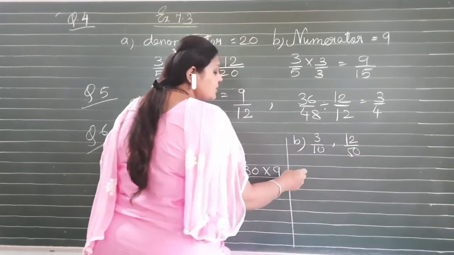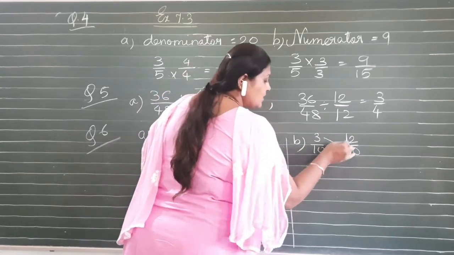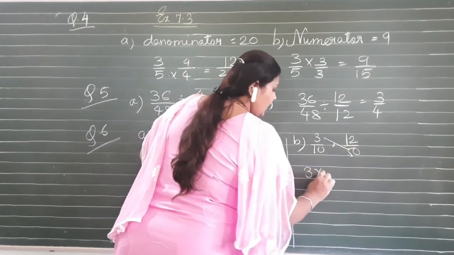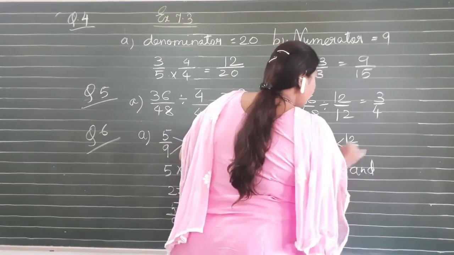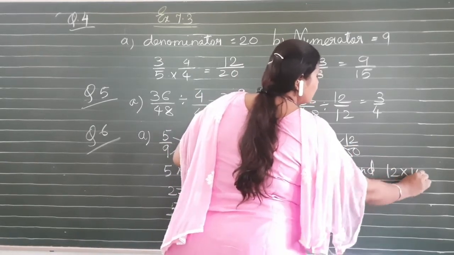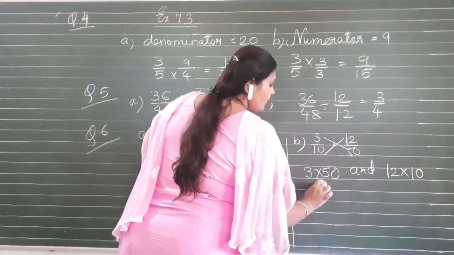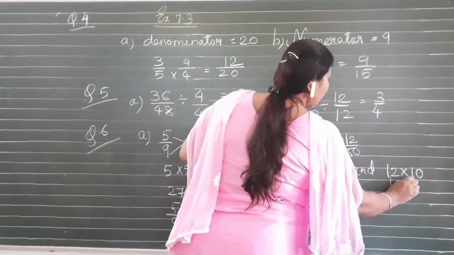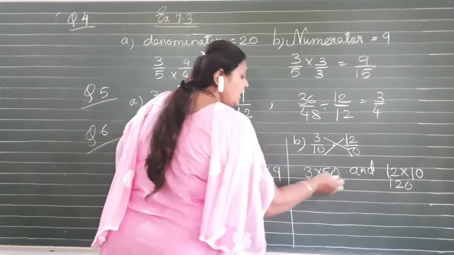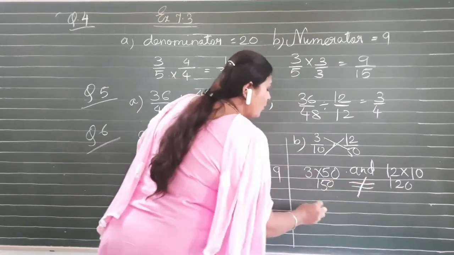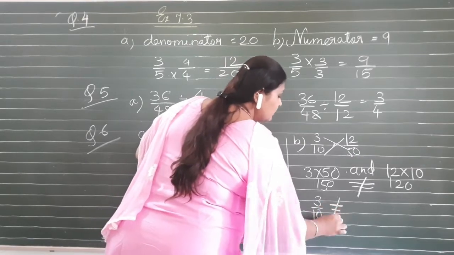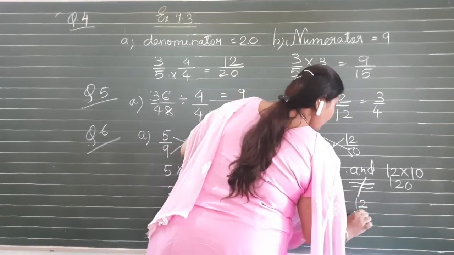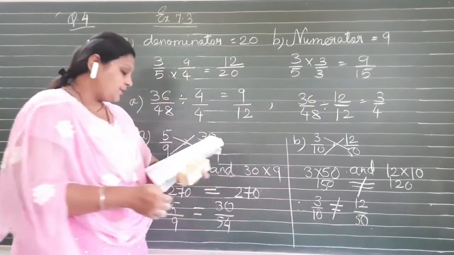Now in this also we will do cross multiplication, 3 into 50 and 12 into 10. So 150 and 120. These values are not equal. So 3 upon 10 is not equal to 12 upon 50.